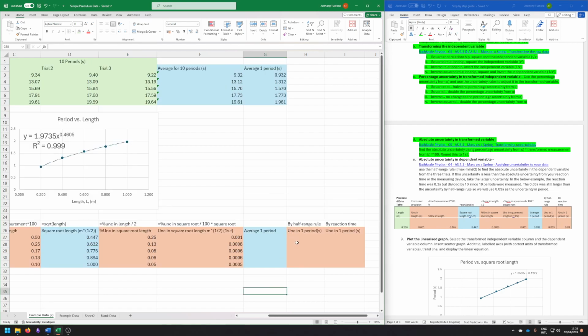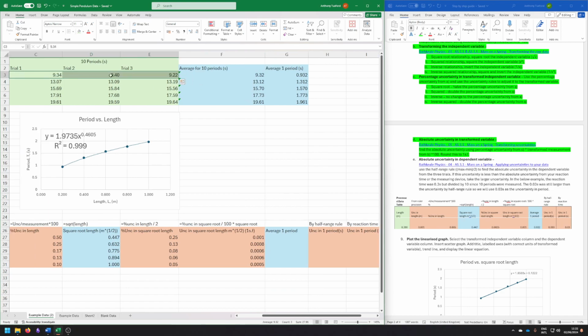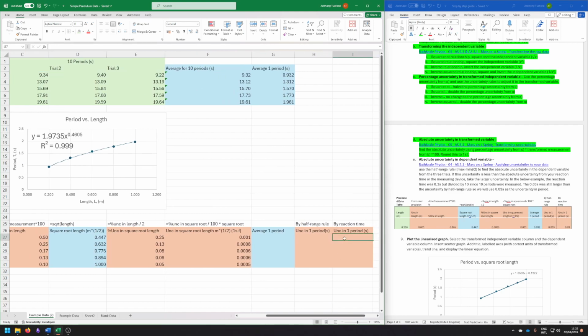Firstly, using the half range rule, we can calculate the uncertainty through our measurements. And secondly, we can consider the uncertainty purely based off of the precision of the equipment or our reaction time. And whichever one is greater will be the final uncertainty for that particular measurement.